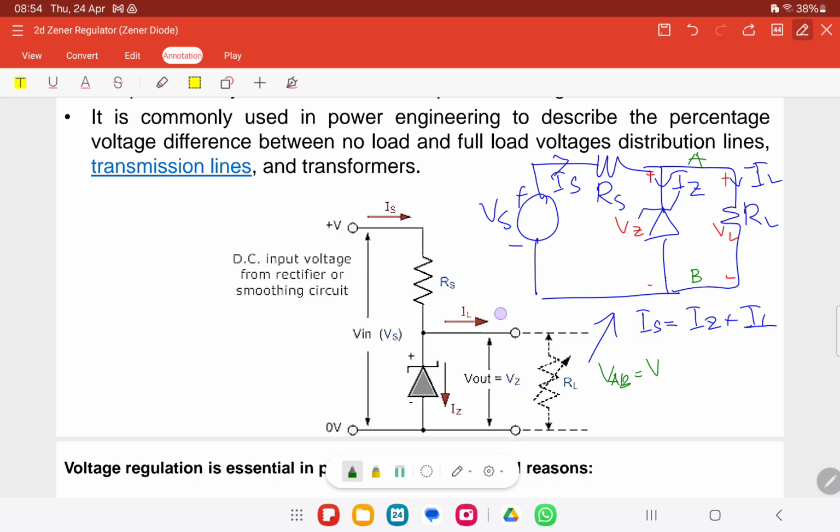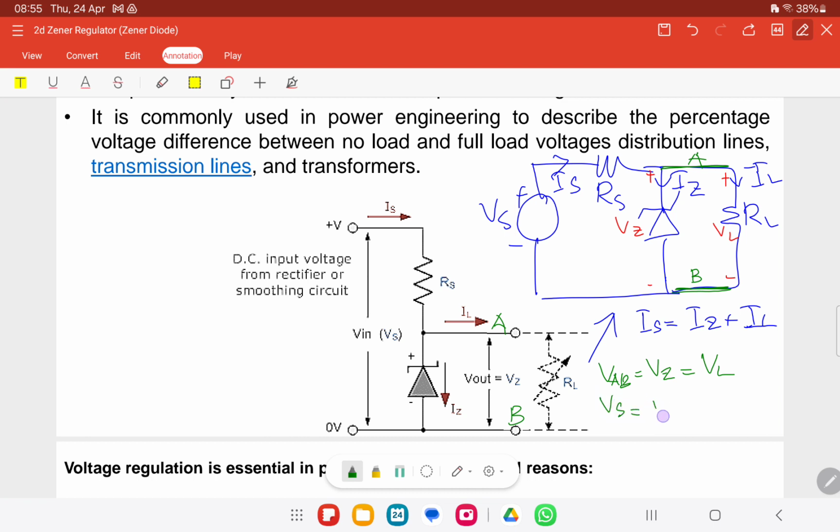Here, this is A, this is B. Is it the same? VAB equals to VS? VZ equals to VL. See? This is the same node. So VZ must be equal to VL.